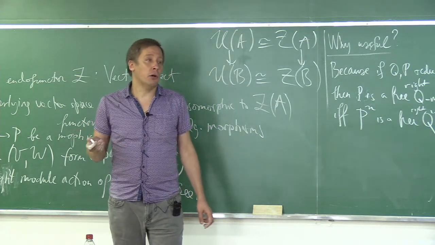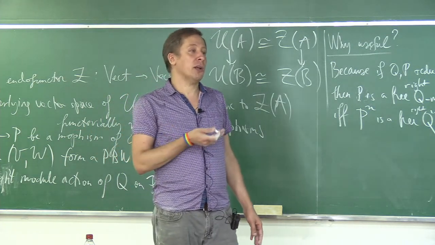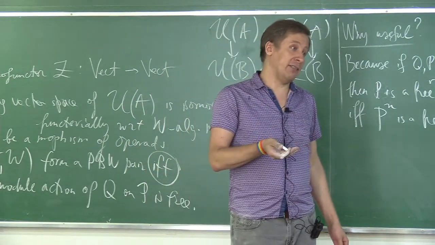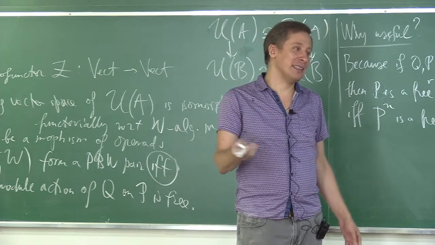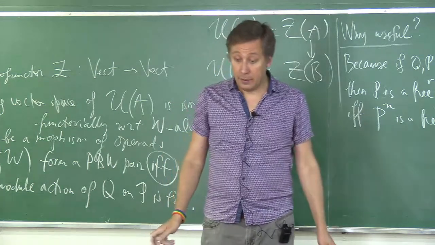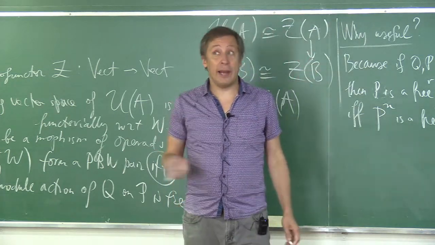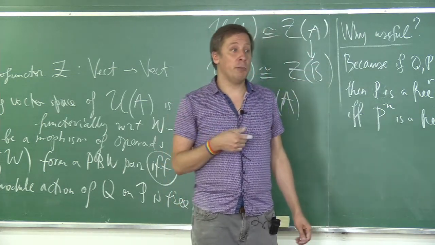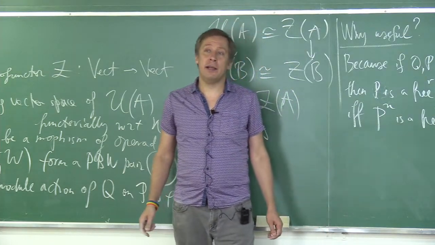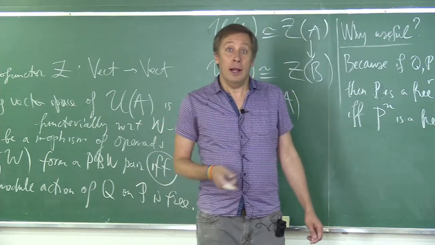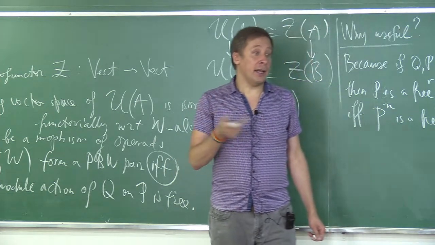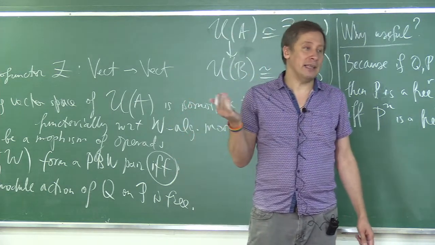So for example, in the case of usual associative algebras, let's say graded associative algebras and modules, if your algebra is graded, you have the obvious augmentation, and you can say that the module is free if and only if the Tor between the augmentation module and the module vanishes in positive degrees.